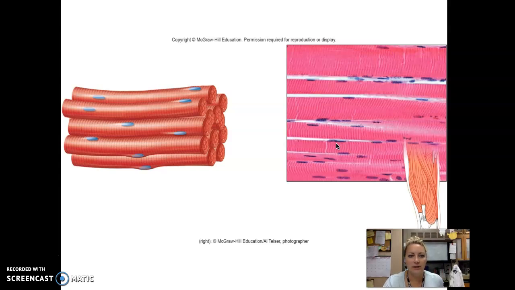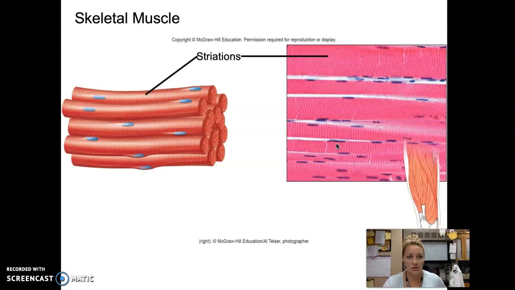So looking here at the labeling packet, noticing the striations, the little lines that separate this. We have the nuclei. And so when looking at skeletal muscle, again, the main thing is the striations.